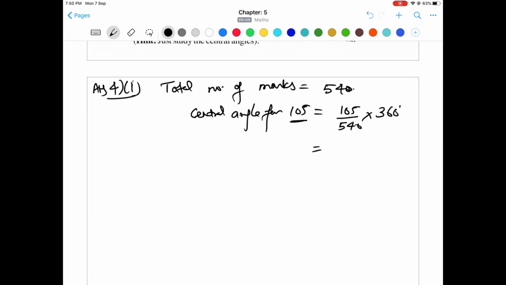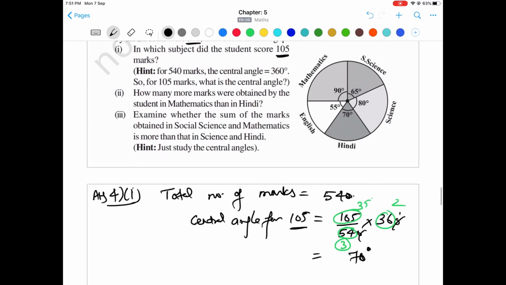So when you solve this, 0 will cancel the 0 here, and 36 will give us, and 54 will be divided by 18. You will get, these two will be cancelled. You will get 3 here and 2 here, and this 3 will cancel this 105, and you will get 35. Hence the 35 into 2 will give us the central angle of 70 degree. So now you look which subject has central angle of 70 degree.